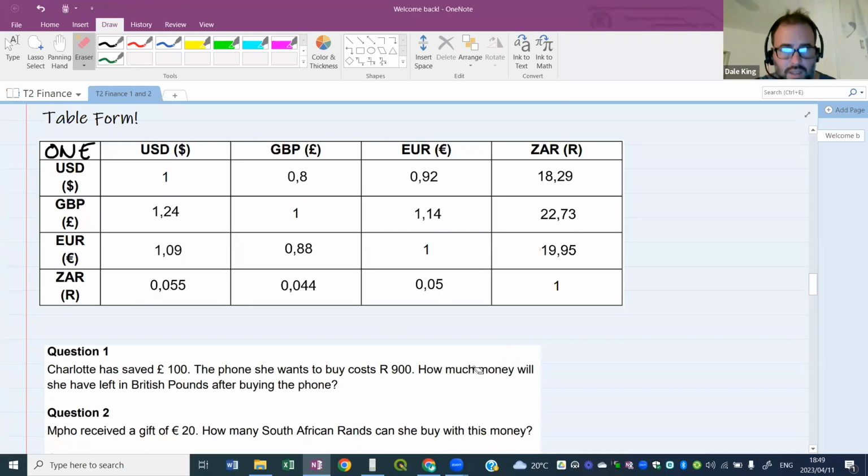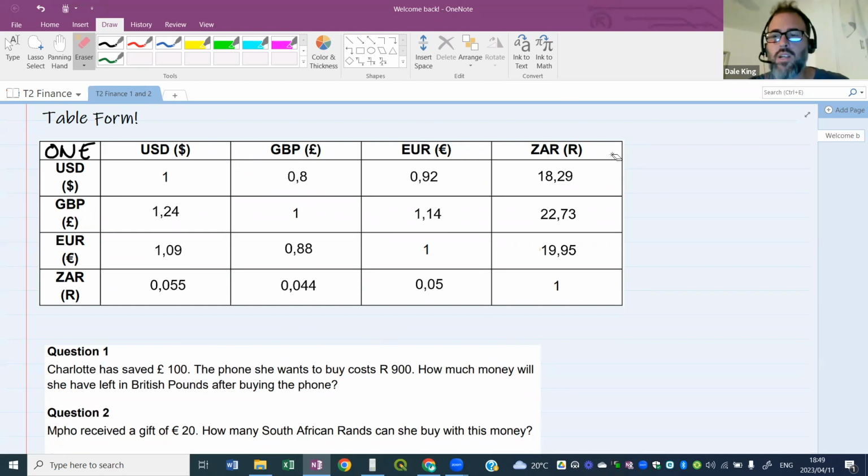I don't think she'll even be able to. So we're going to check how many pounds you get out of 900 Rand, and if she can, will she have any left and how much that is? Step number 1, can she buy the phone with 900 Rand if the phone is £100? Step number 2, will she have anything left?